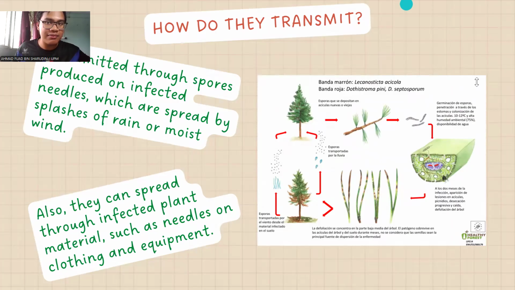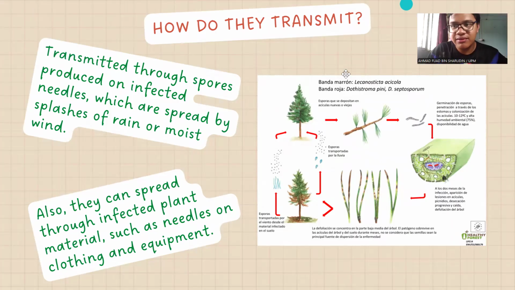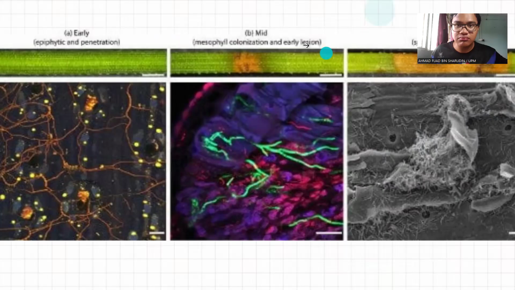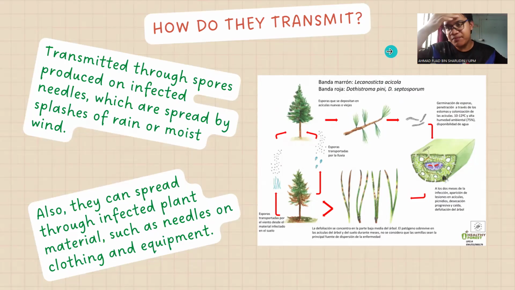I've shown you in the slide before, how do they actually transmit themselves to ensure their survival? They transmit spores, called conidia spores, shown in this picture here. These spores are produced from infected needles.